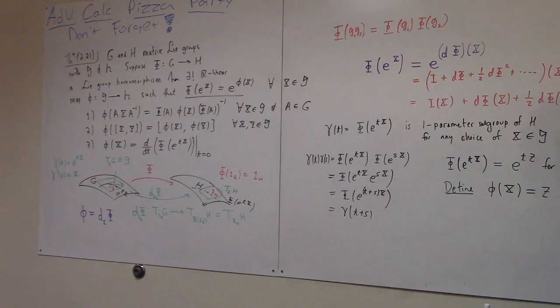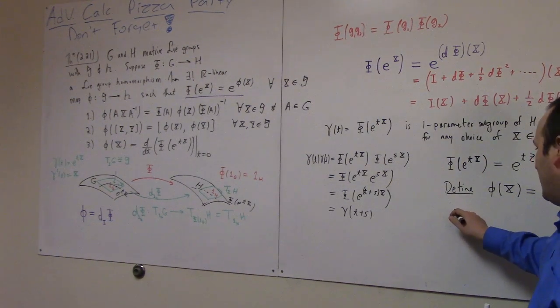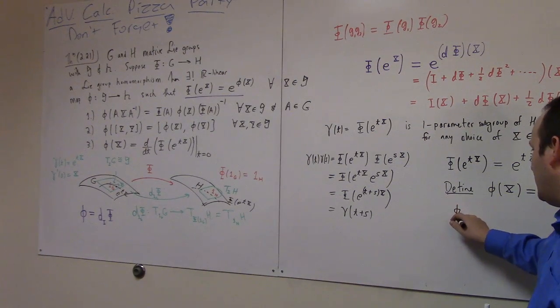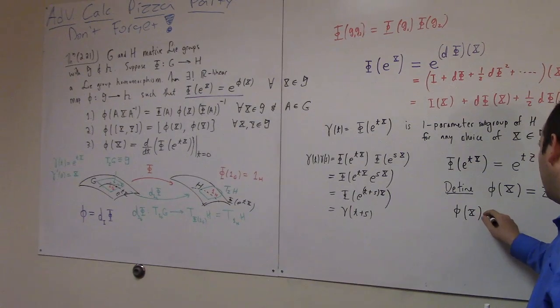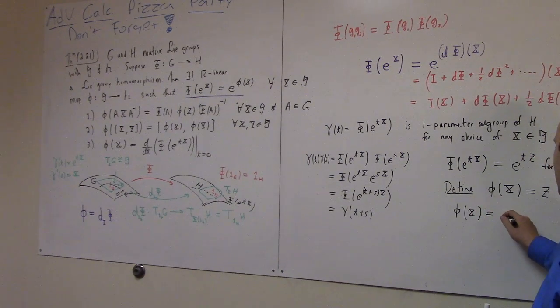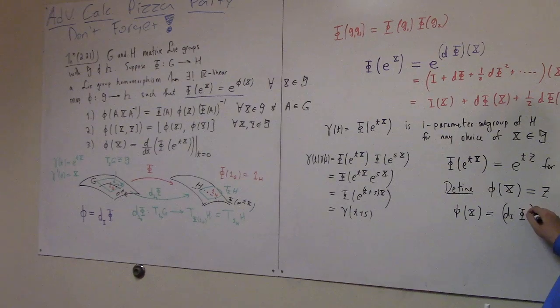It has those properties. I want to go back to how this contrasts with my intuition, which is that little phi of x should be equal to the differential of big phi at x.